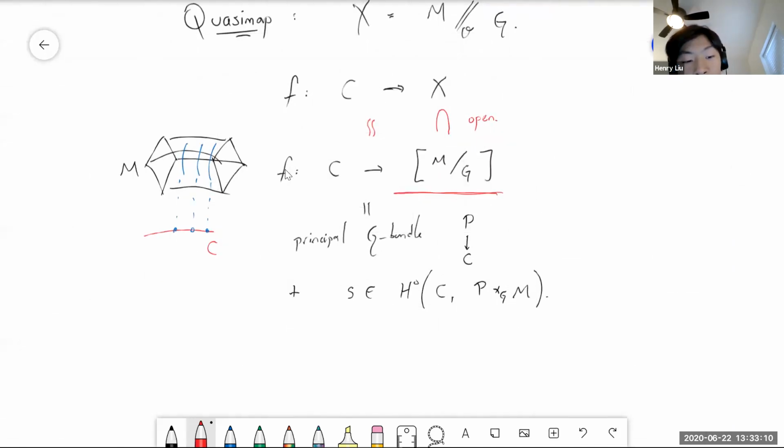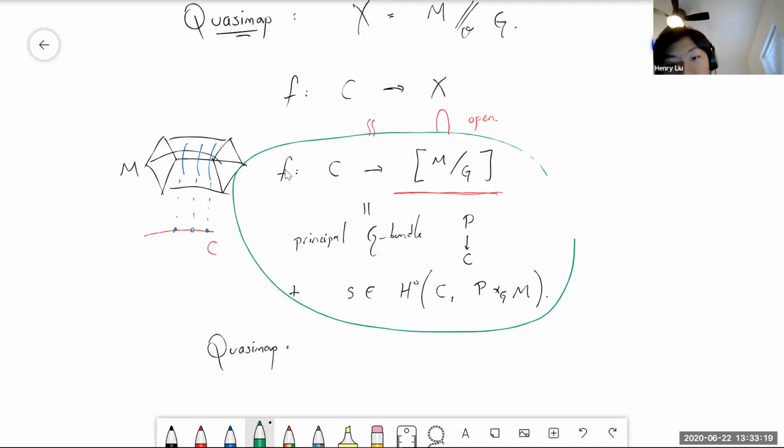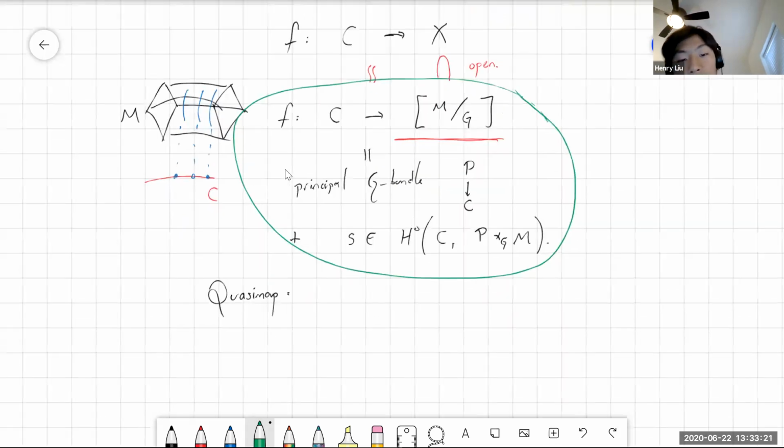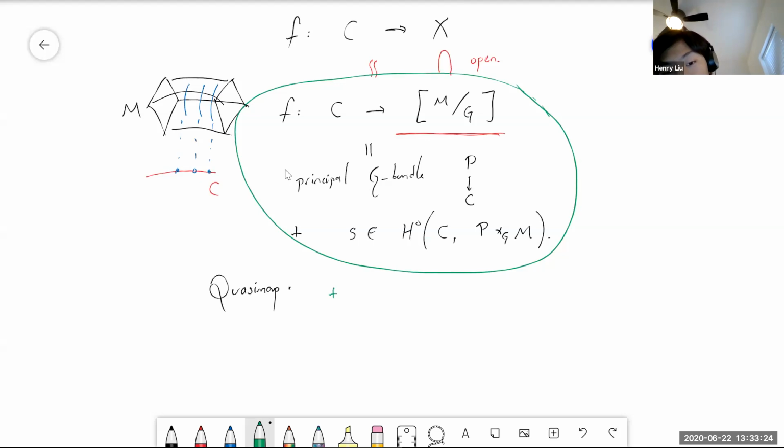And so a quasimap is this package plus the condition that f of a point on your curve is actually inside X for all but finitely many points on your curve.